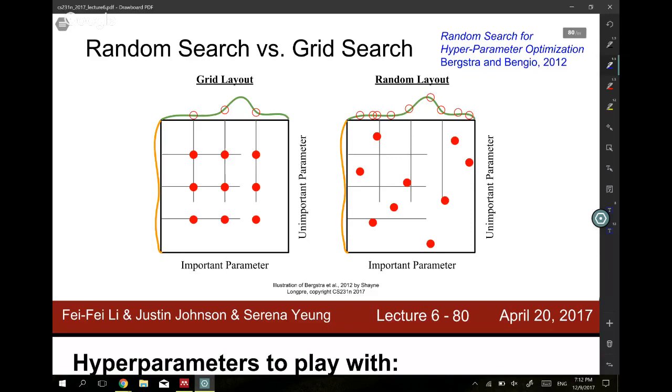So if you do grid search, you're exposed to 3 points on this parameter and 3 points on this parameter. While if you do a random search, you get exposed to 9 different points on each parameter. So if the results are more sensitive to one parameter, you can actually see differences along that. So prefer doing random search.